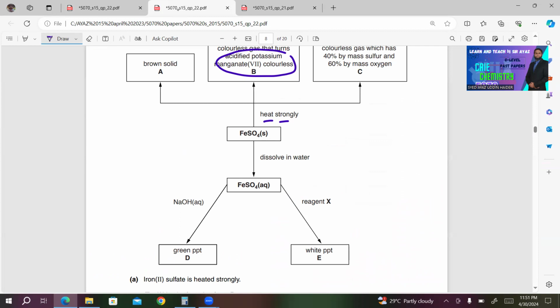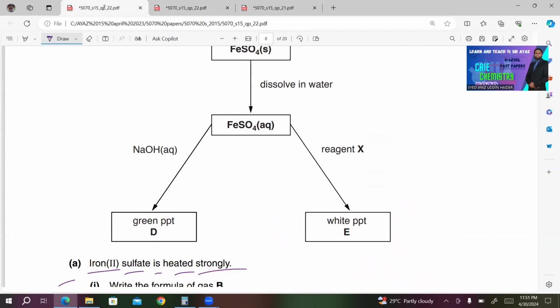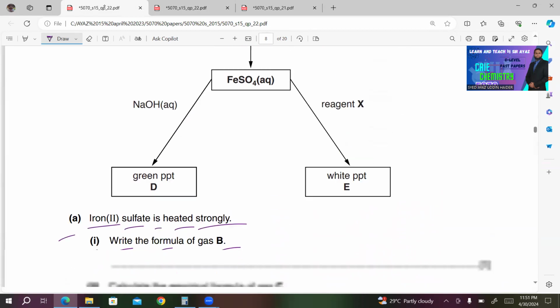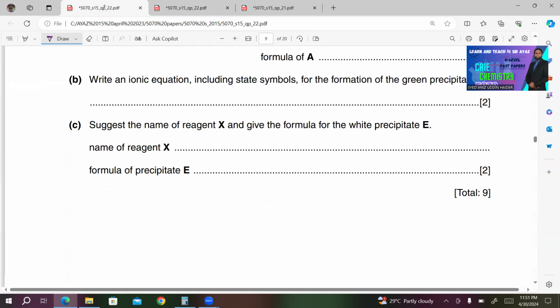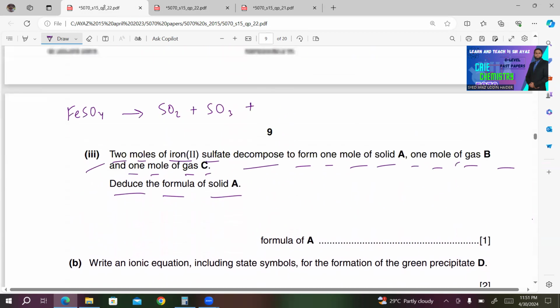So the brown solid must be a compound of Fe. It can't be a compound with sulfur. It must be with oxygen. It must be Fe2O3, because in this the oxidation number changes. That is, it has increased the oxidation number, the charge on Fe. So it must be Fe2O3.